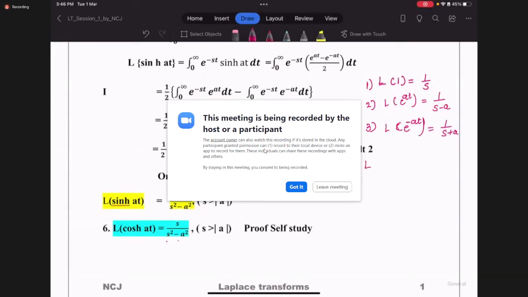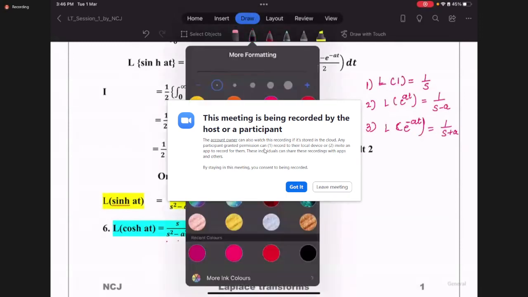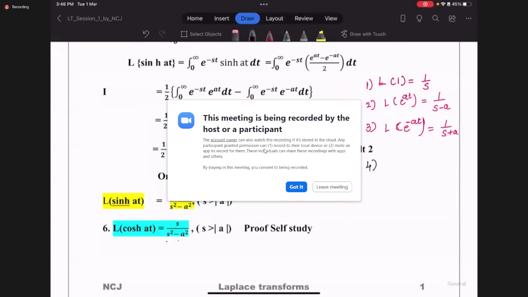Laplace of sin at is a by s square plus a square.